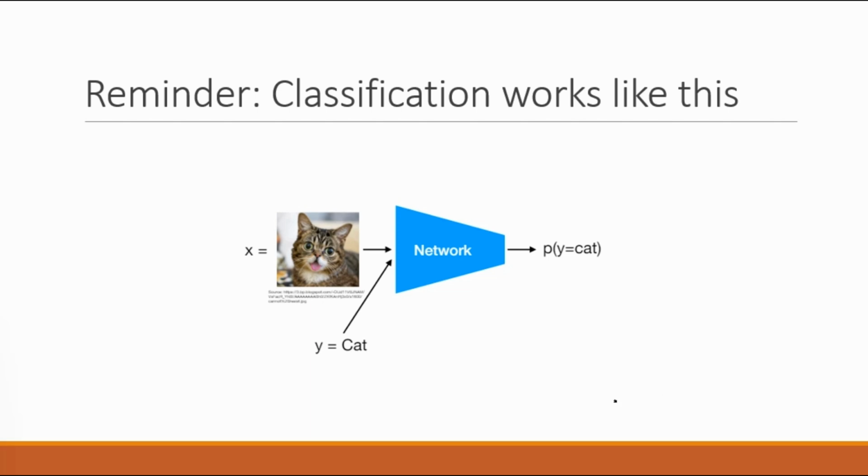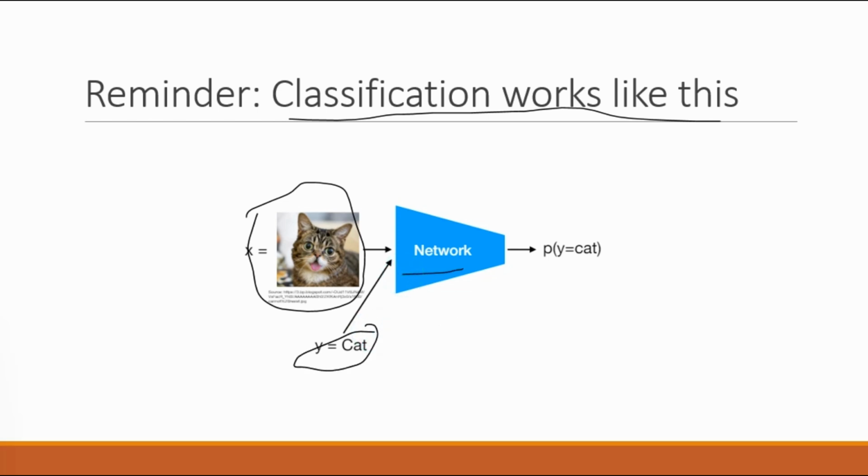And just for reference again, how classification works: the majority of deep learning is about classification. So consider we have an input data point here. It's this cat image, and during training we have a label that it's a cat, and then the network produces the probability that this image is a cat. Then we can give it new data.